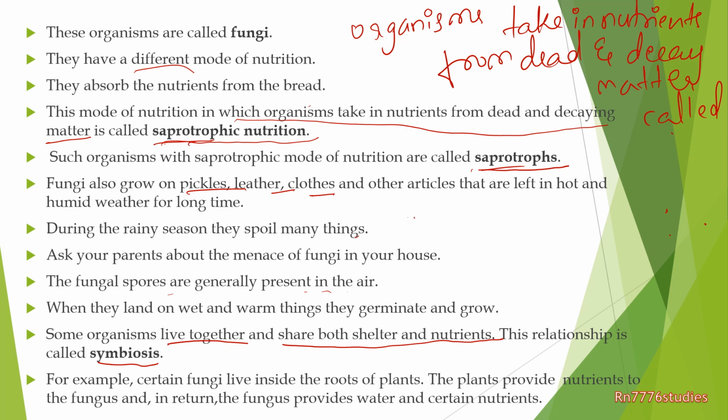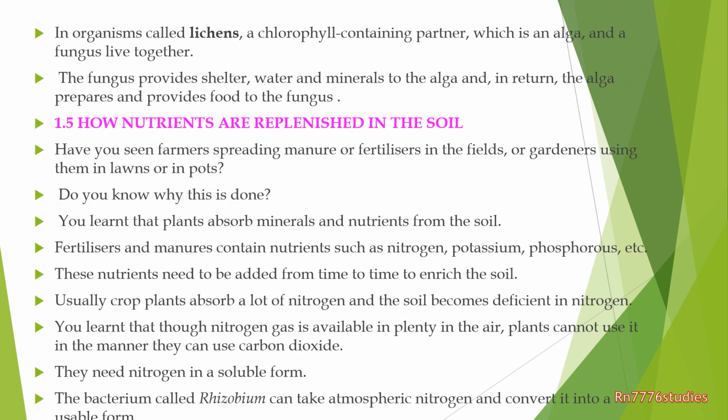Example: certain fungi live inside the roots of plants. The plants provide nutrients to the fungus, and in return, the fungus provides water and certain nutrients. There are also organisms called lichens.